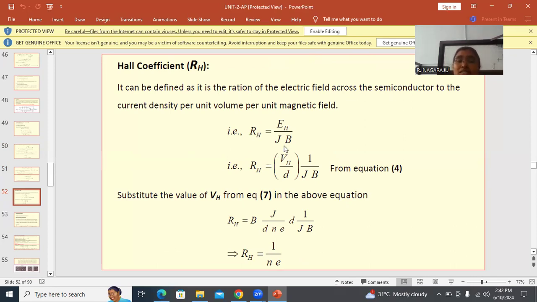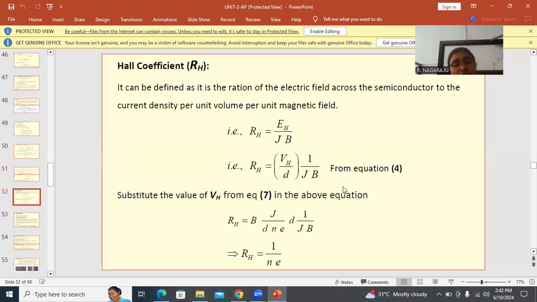So then RH is equal to EH by JB. EH is denoted by VH by D. VH by D into 1 by JB.